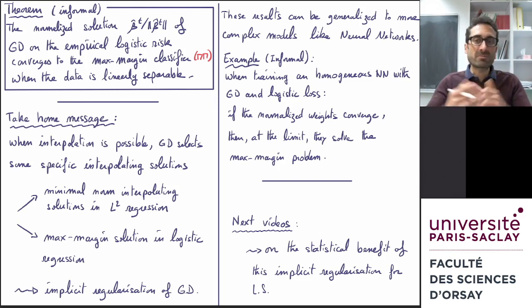So is it something which is more general? Yes, it is. This is something that we can generalize to more complex models, even if it is a bit harder to describe precisely what's going on, so I will not give too many details.